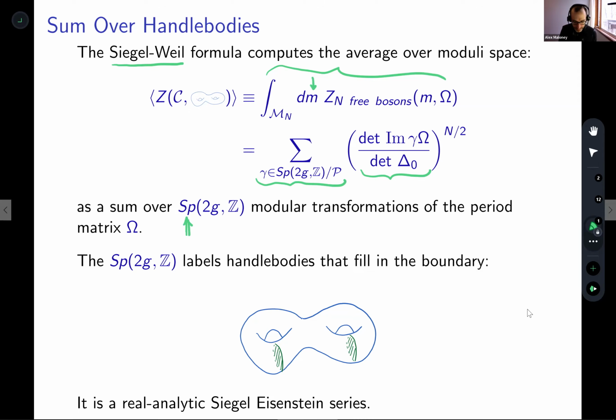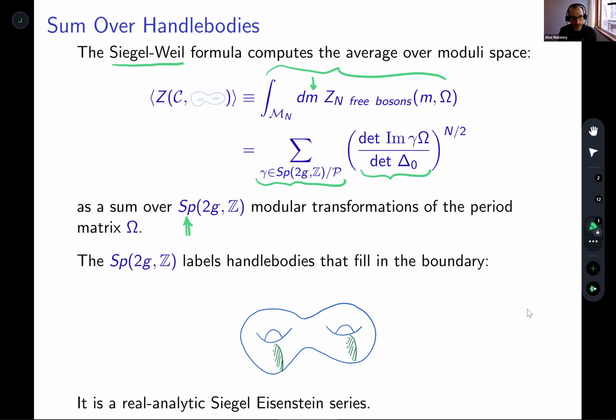Good. But this, it turns out, has a rather beautiful interpretation, which is that this sum over the modular group can be interpreted as a sum over bulk geometries.